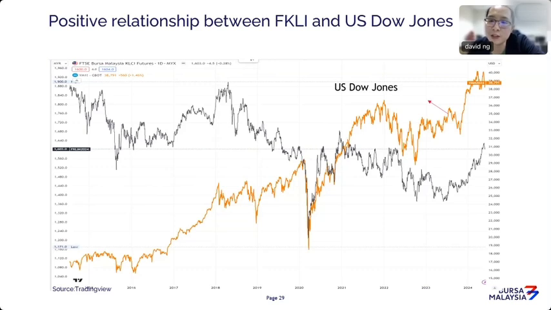You can clearly see the US Dow Jones is on an uptrend rally and hitting all-time highs, while the Malaysia market is yet to reach that level. But in recent months, we have seen that relationship tend to exist, whereby if you see a stronger Dow Jones, you could also see a stronger KLCI performance as well. So I think that could be a factor to look at whenever you are trading the KLCI index.